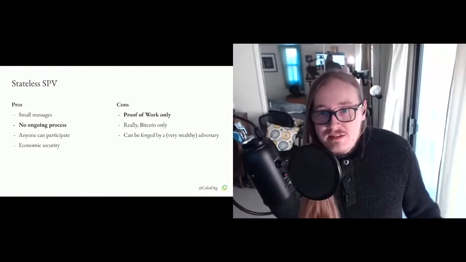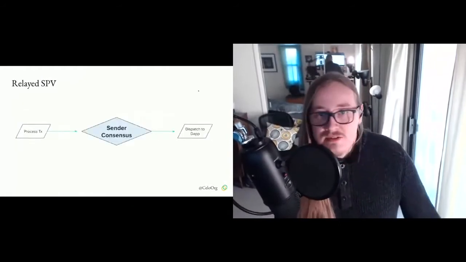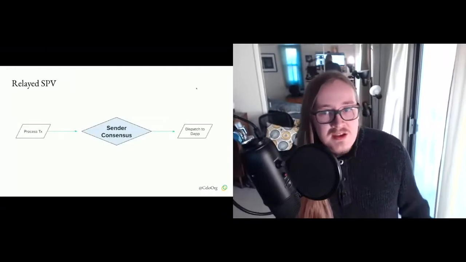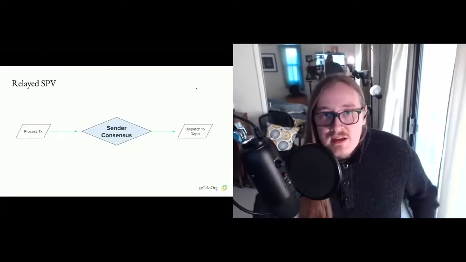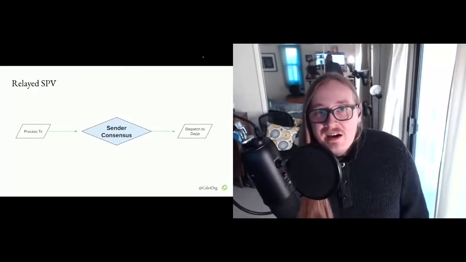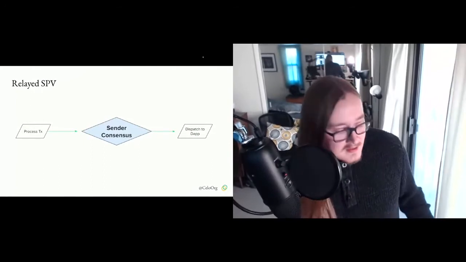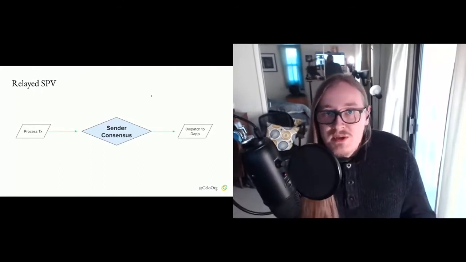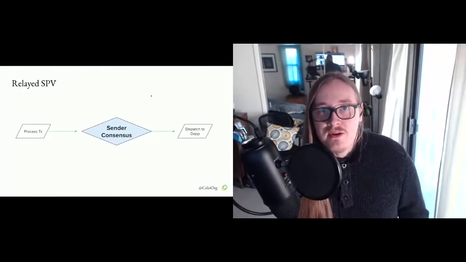And so the last model of communication that we're going to talk about is relayed SPV. This is essentially the destination chain implementing the sending chain's consensus process. You may have noticed that I talked a lot about proof of work in stateless SPV. It's because proof of work is Bitcoin's consensus process. It's how you decide what is true in Bitcoin.